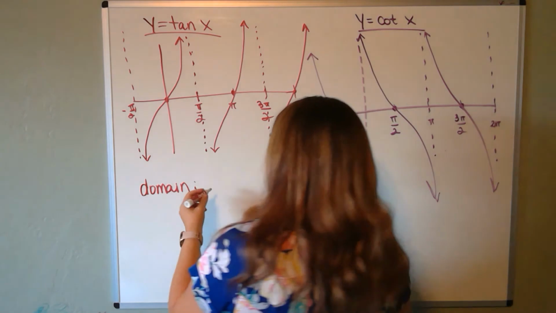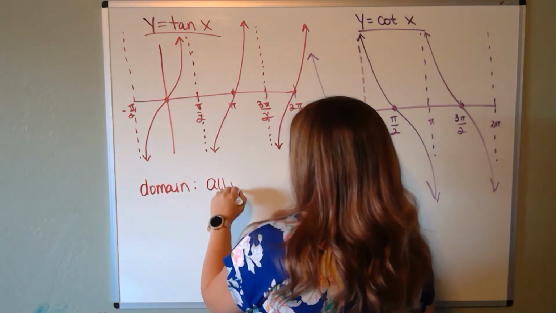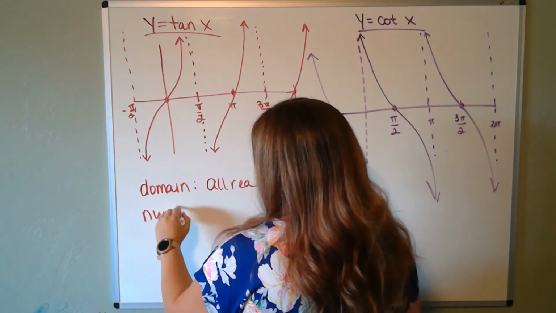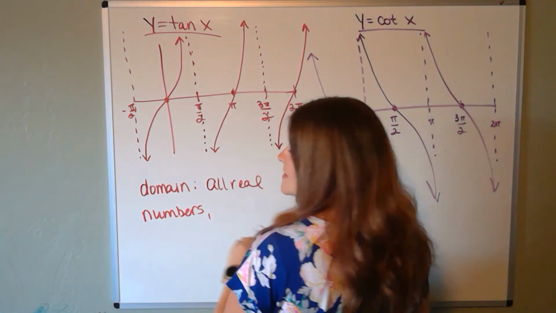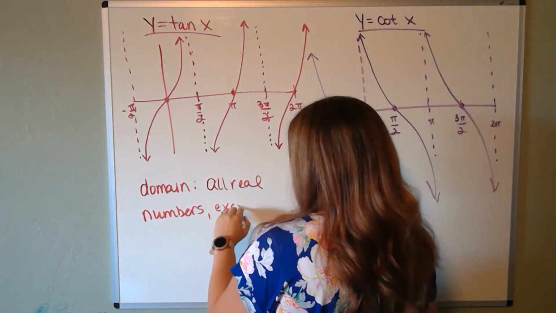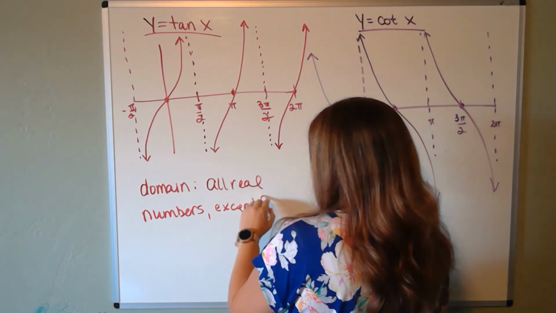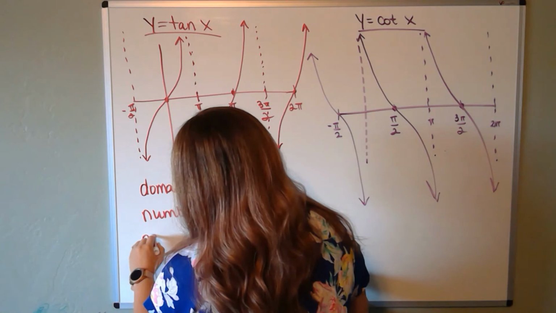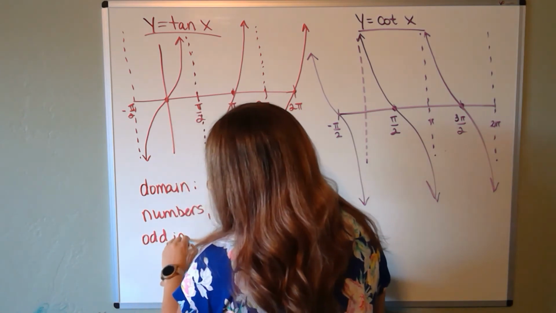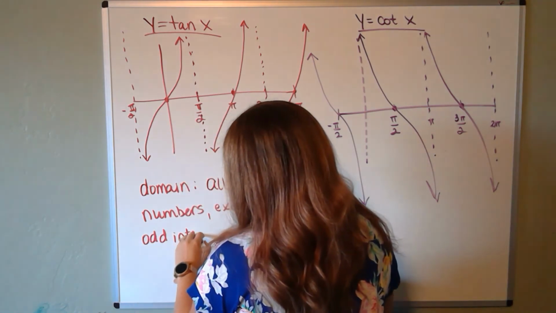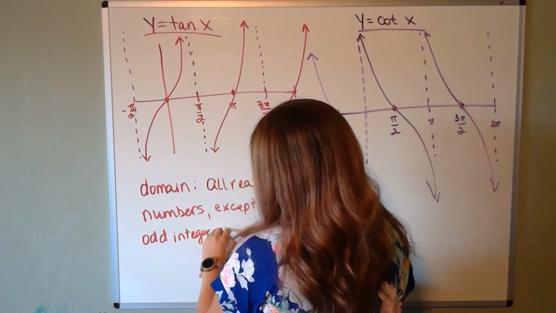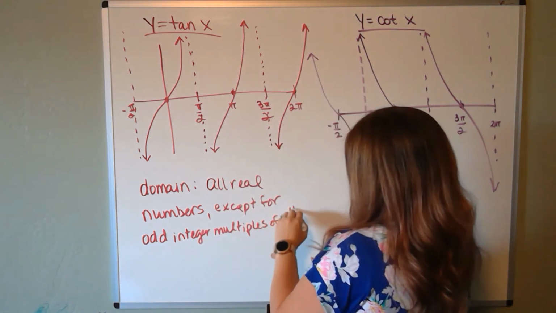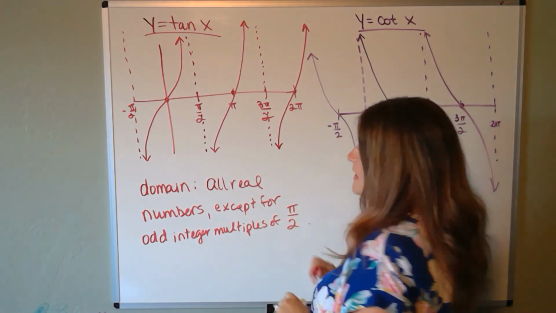What we say for the domain is all real numbers except for odd integer multiples of pi over 2.